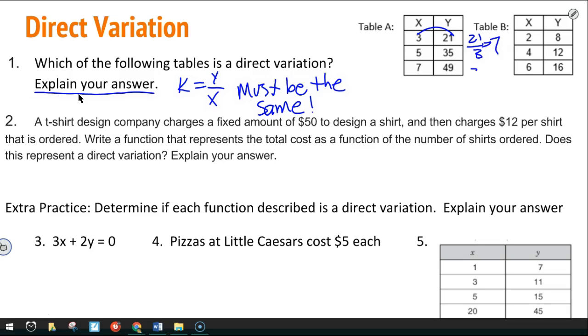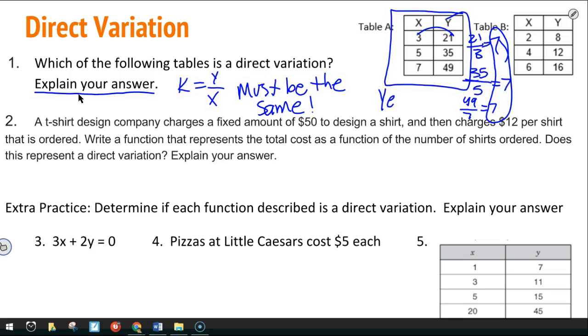We have 35 over 5, which is 7. 49 over 7, which is 7. All of these are the same, so this is a direct variation. If they ask me what the k is, or the constant of variation, it would be k equals 7.